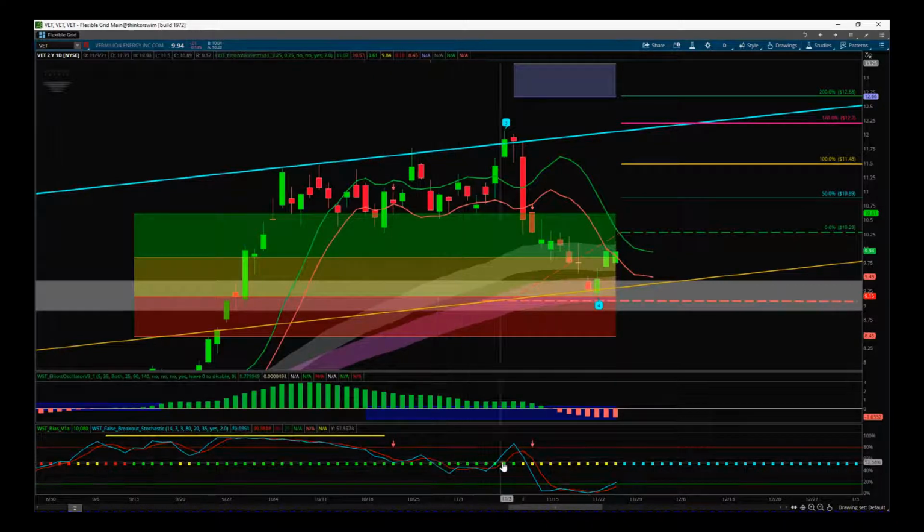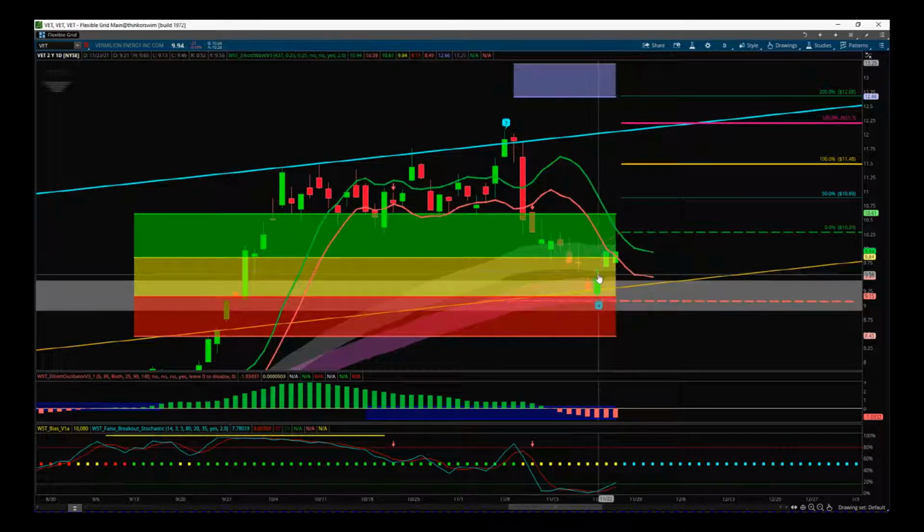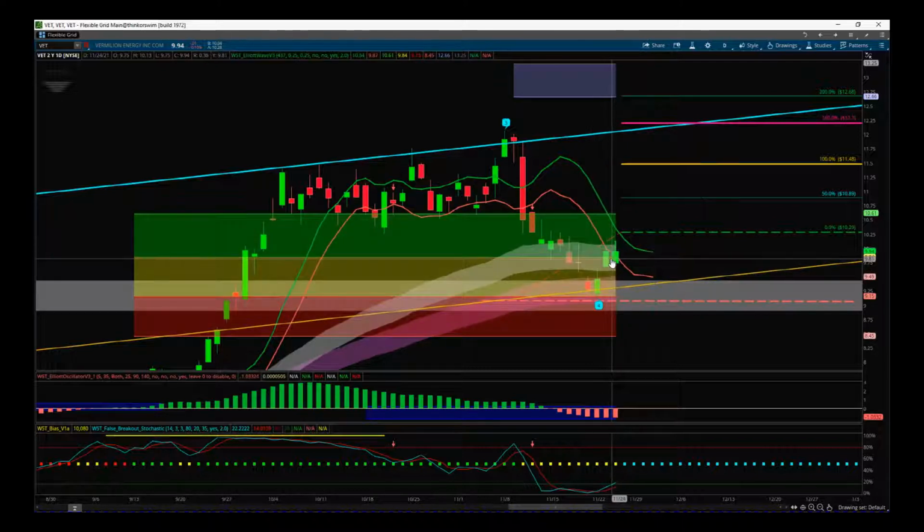When we see the stochastic pullback and crossover in the oversold zone against that, that's a good sign on that wave 4 behavior as well. It's like an elastic band. It wants to return to this overbought zone and get those yellow dots starting to print again. So wave 4 behavior is fantastic. We've got an amazing linear, non-linear support zone for that wave 4. We've gapped up on the earnings reaction, and we've got a couple of good days in there.